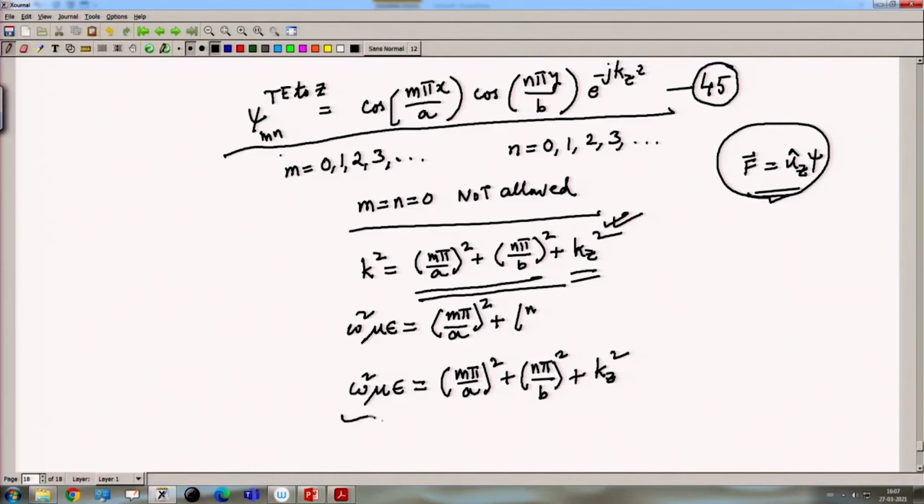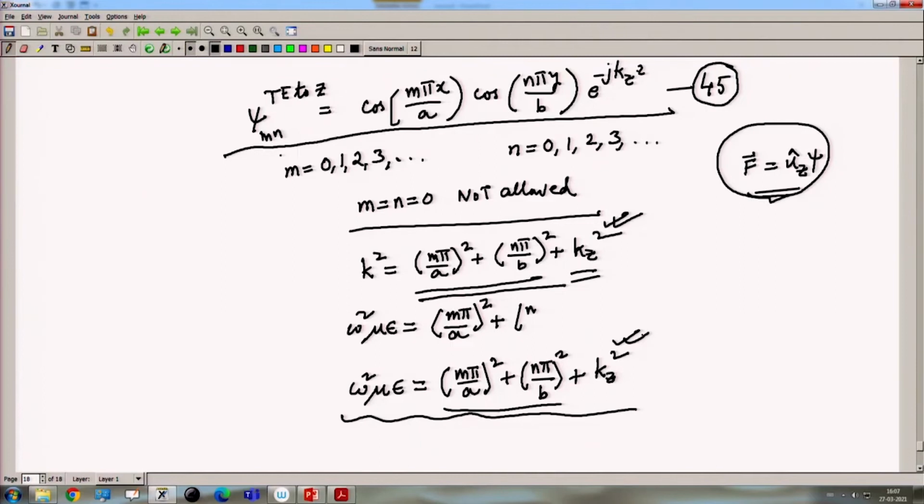So, we now see also that corresponding to the frequency omega c, corresponding to omega c square mu epsilon equal to m pi by a whole square plus n pi by b whole square, k z becomes equal to 0. So, k z becomes equal to 0 means the propagation along the z stops.